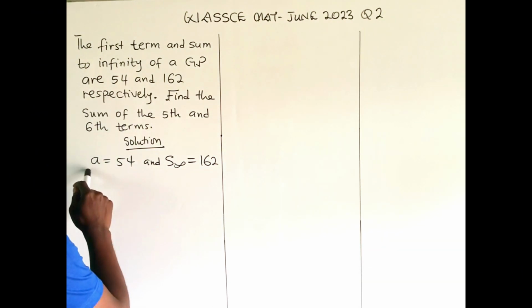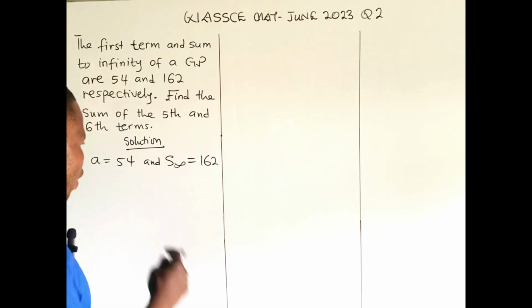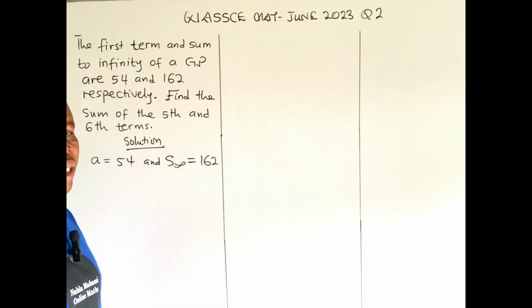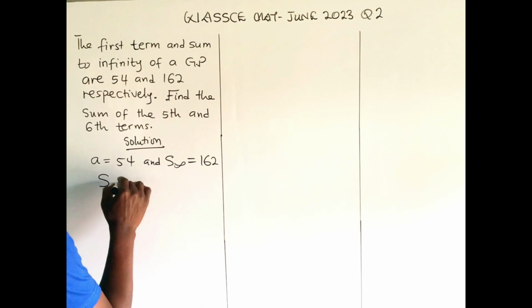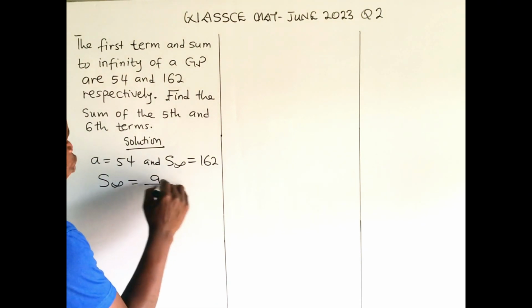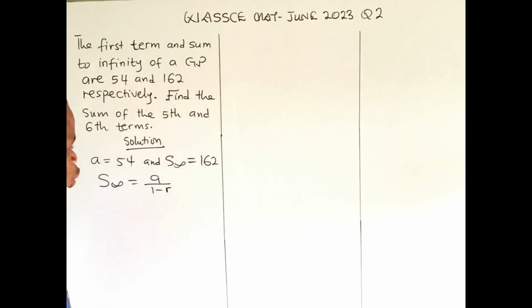Since we know our first term to be 54 and sum to infinity to be 162, we can use the sum to infinity formula, a over 1 minus r, so that we can solve for our common ratio, which is small r here.